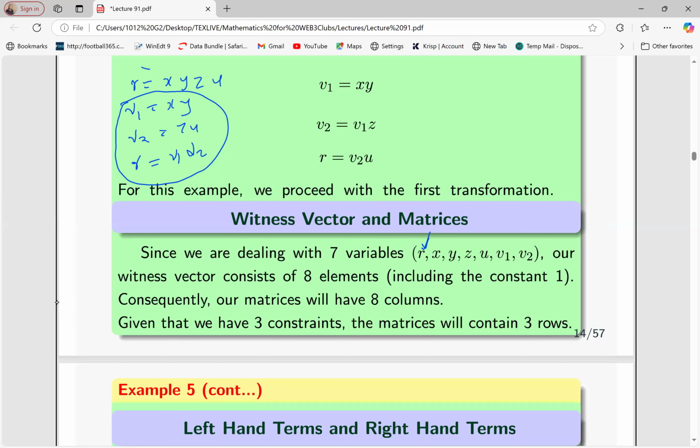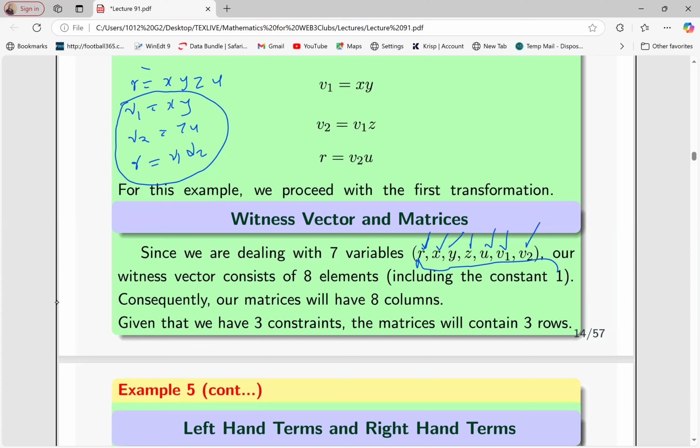He's not supposed to reveal it, but he just gives us his R. Once he gives us his R, then he must give us the X, give us a Y, give us a Z, give us a U, then give us the intermediate values. And of course, the other thing he'll add is a 1. So once you do that, you now have a witness.